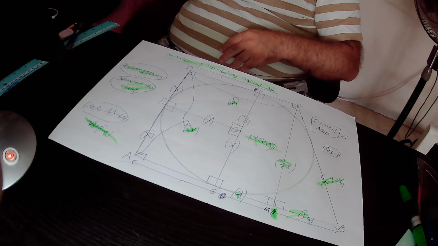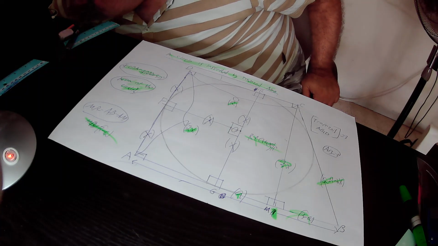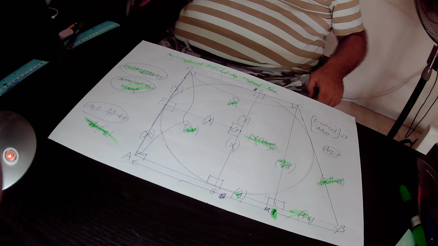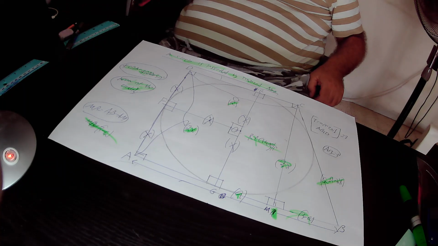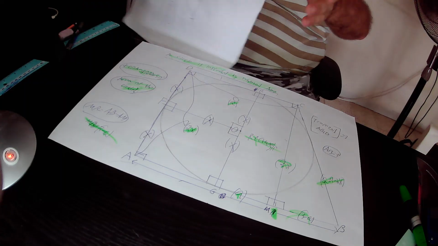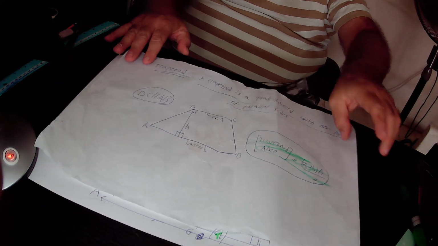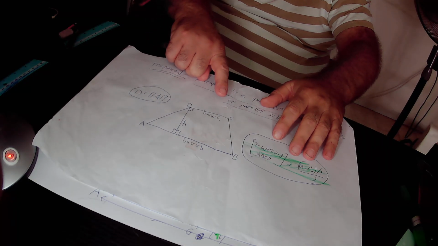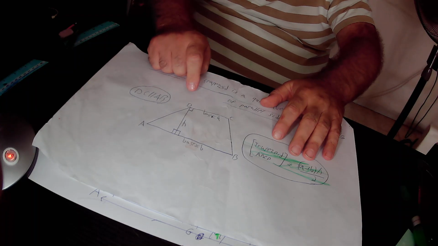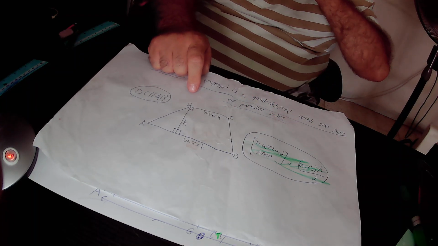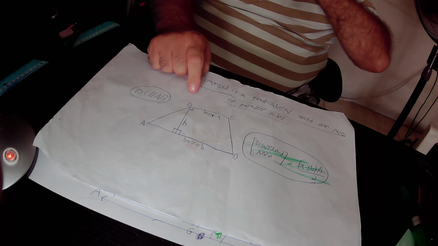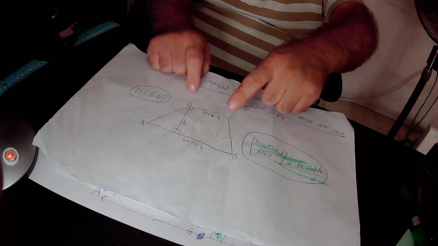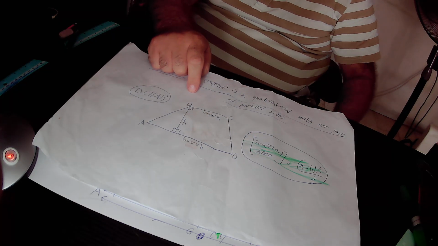But first of all, what is a trapezoid? A trapezoid is a quadrilateral with one pair of parallel sides. This is quadrilateral ABCD. Side DC is parallel to the opposite side AB. Therefore, quadrilateral ABCD is defined as a trapezoid. The two parallel sides, that is to say DC and AB, are defined as the bases of this trapezoid ABCD.